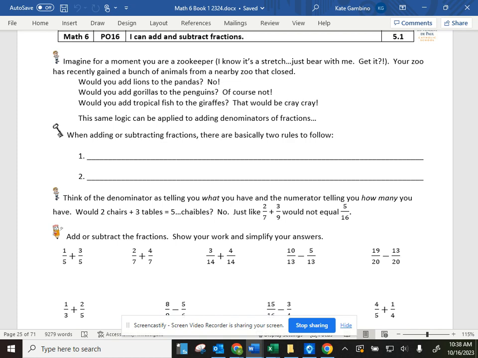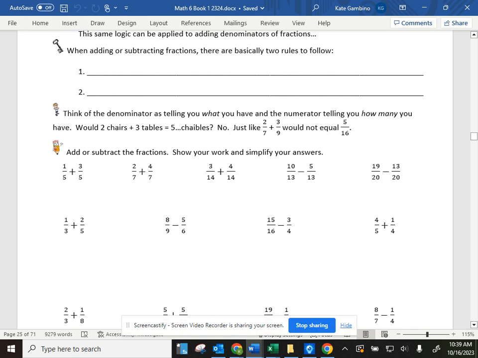So when adding or subtracting fractions, there are basically two rules to follow. Denominators have to be the same.